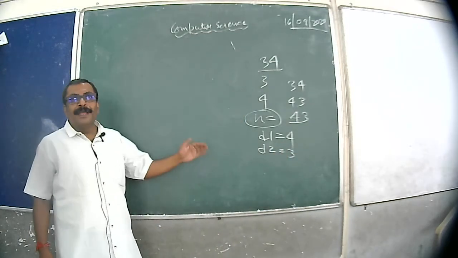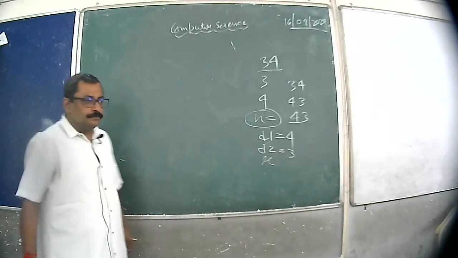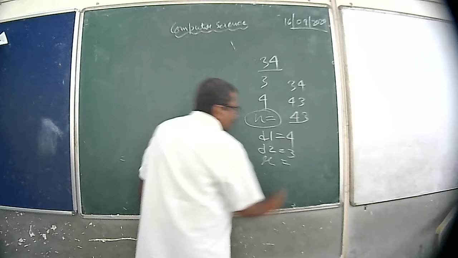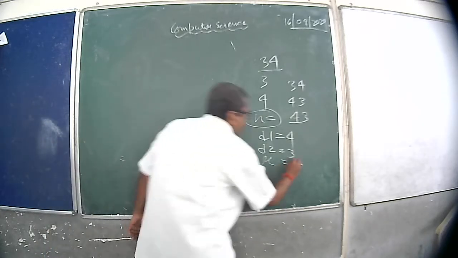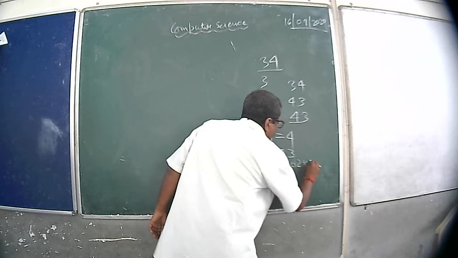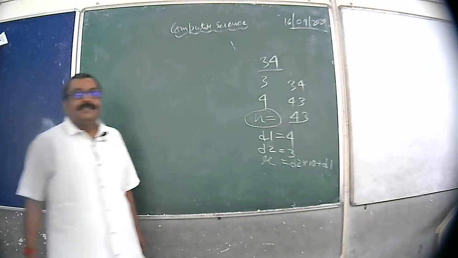Now, if you want to make it reverse, R is equal to D2 into 10 plus D1.